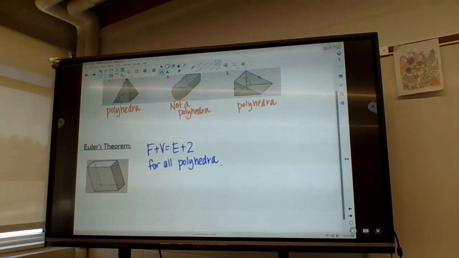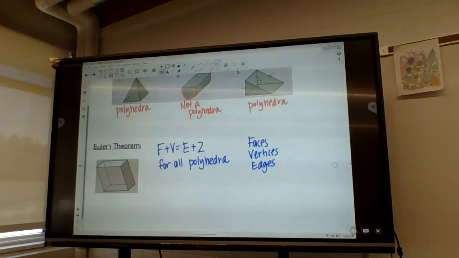F plus V should equal E plus 2. And hopefully you realize that F is faces, V is vertices, E is edges. It's a good way to check. Anytime I'm doubting myself, I'll use this formula to help me.